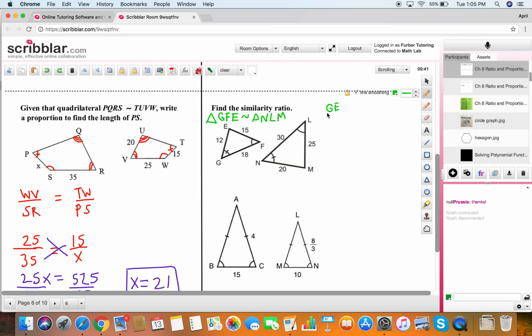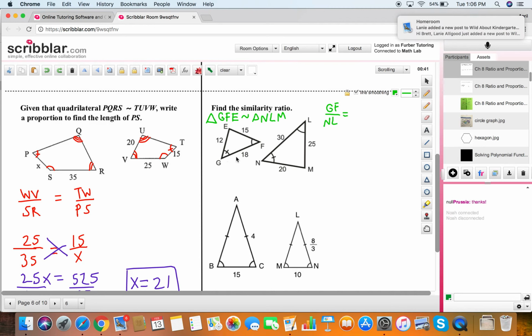So I'm going to do GF. And what corresponds to GF over here is NL. Remember, we're going from the curve with a slash to the single curve. So that's NL.